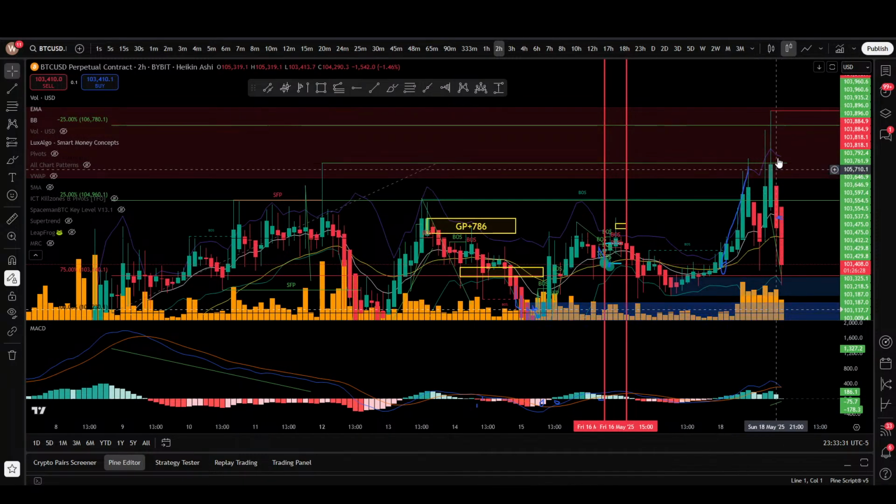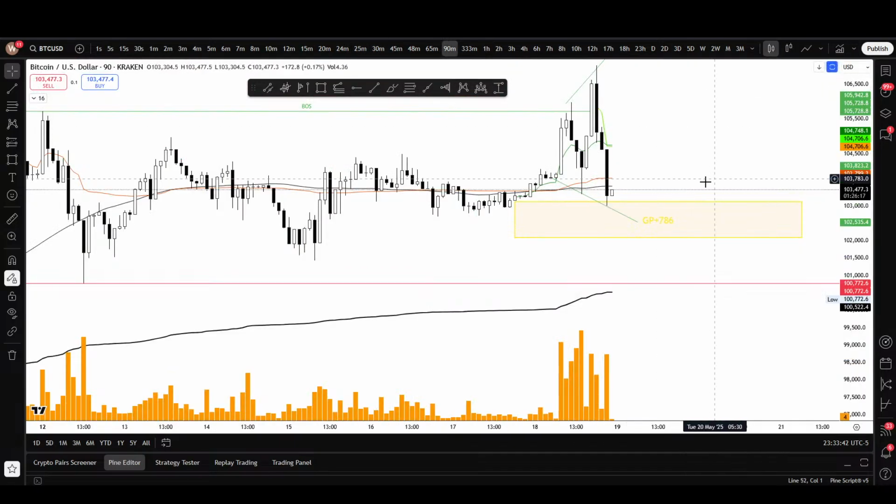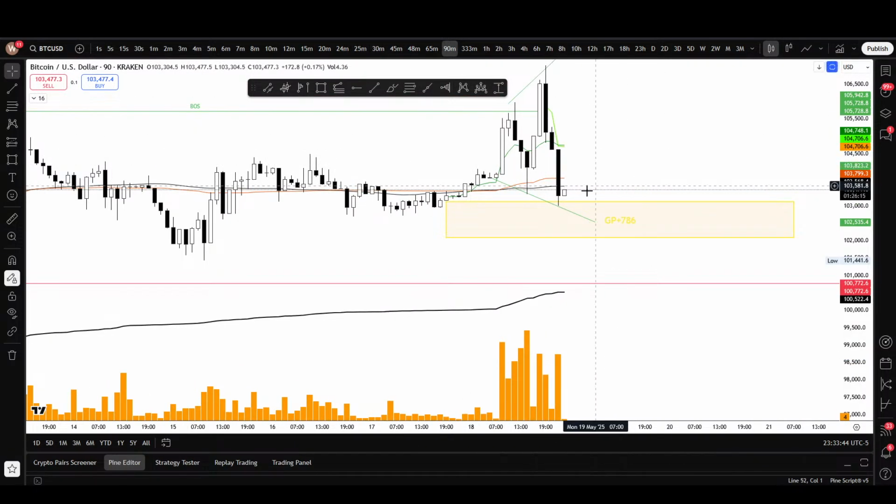So you're already suspect of this close. The next one closes below, and you're like, okay, we're going to target the lows. And we came down to test this breaker block here. Did we get the SFP? 90 minute? No, we didn't.